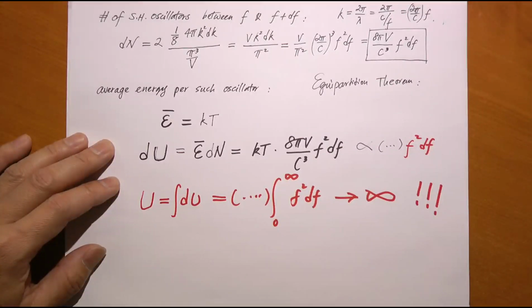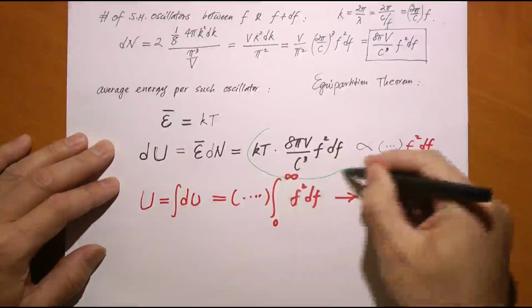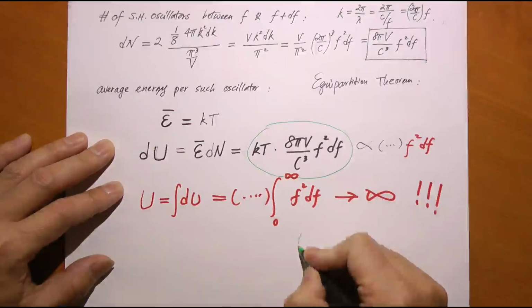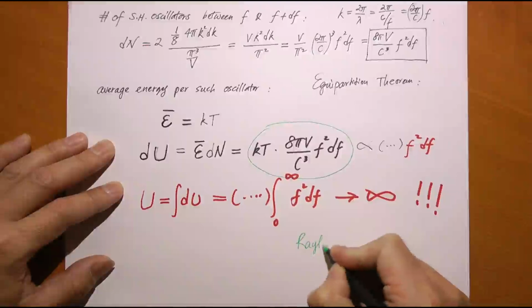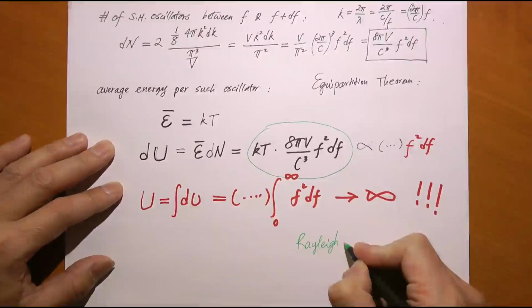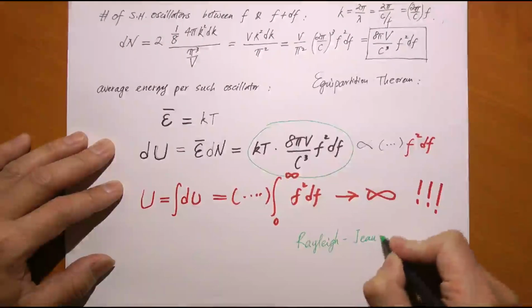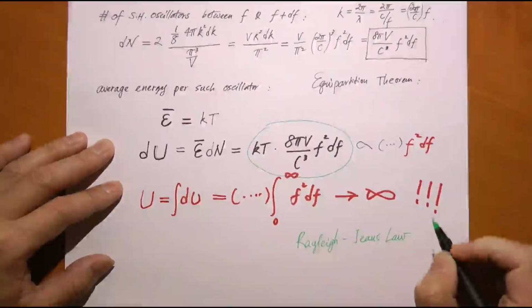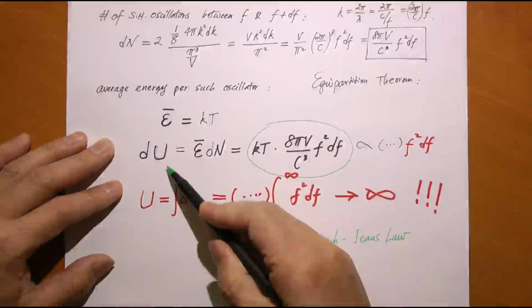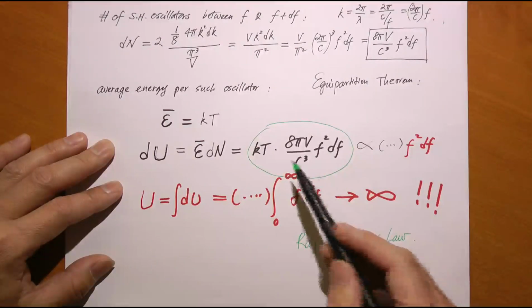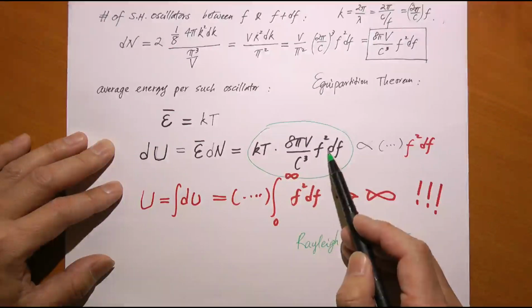This formula that we just derived is called Rayleigh-Jeans law. It is a direct application of classical statistical mechanics. In fact, you can move that df down, and you get the energy density per unit frequency, which is kT times a constant times f squared.